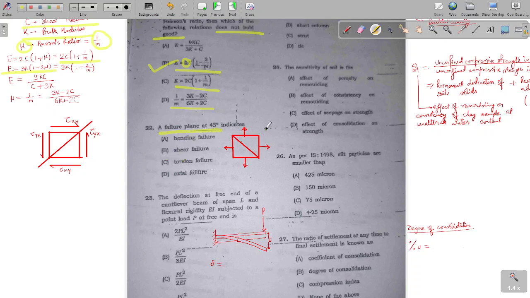So see, suppose an element of material has been taken, and there are normal stresses acting on it, sigma x and sigma y.